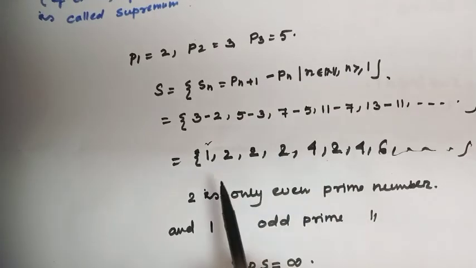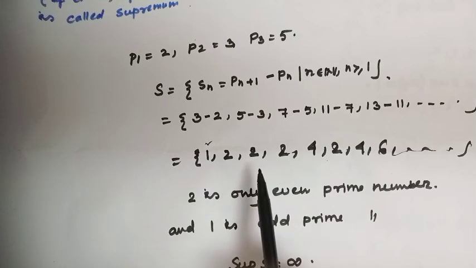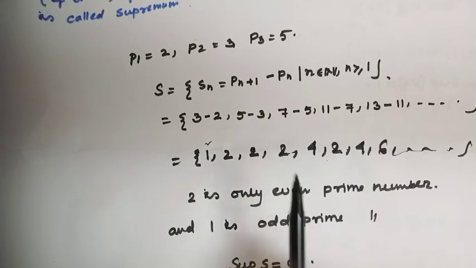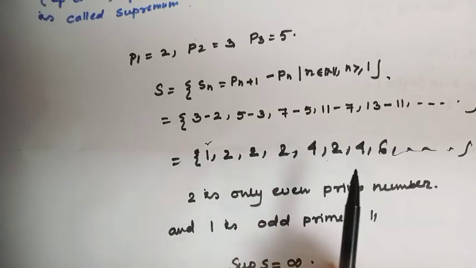We can construct a subsequence with the even prime number, because 2 is the only even prime number here.